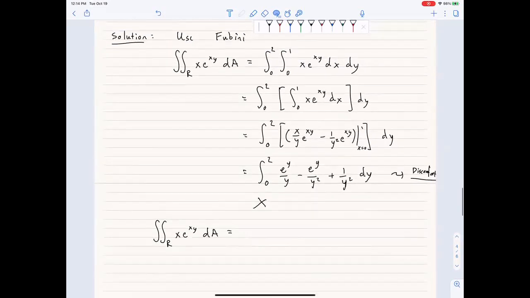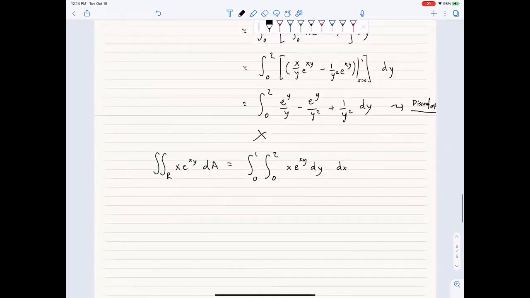Let's do the same thing, same integral, double integral, but now let's do it by integrating with respect to y first. Okay. So I'm going to put everything in parentheses so I can sort of isolate what I'm doing and forget about the other thing for a moment.